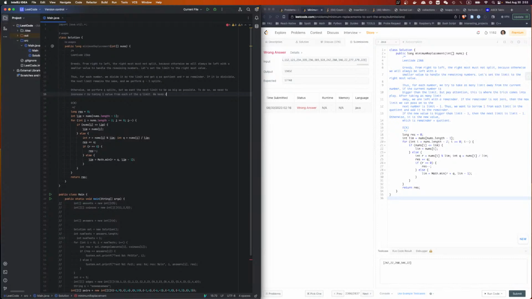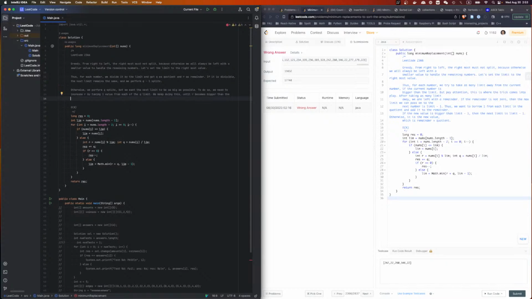We keep doing this until r becomes bigger than the value after once having been taken away from the limit.